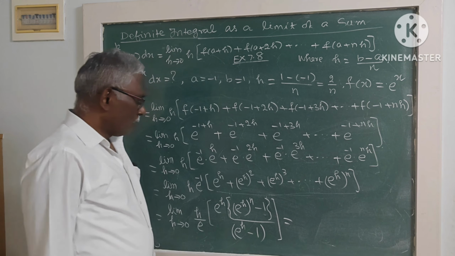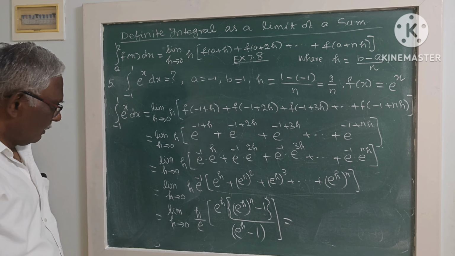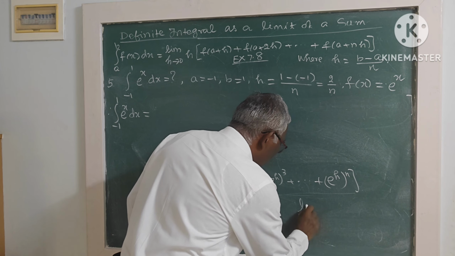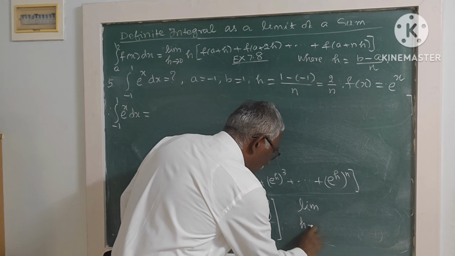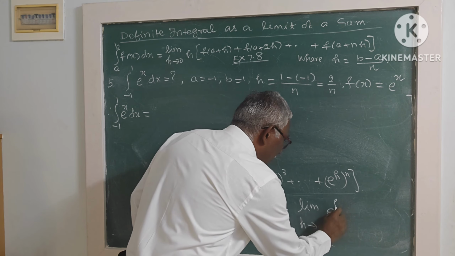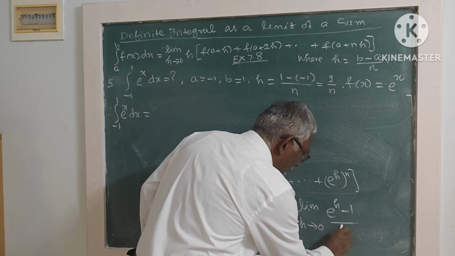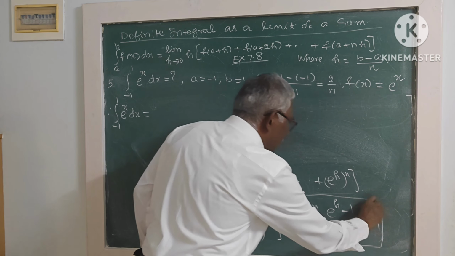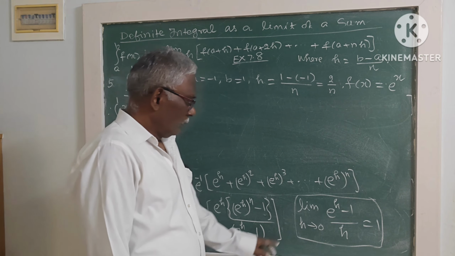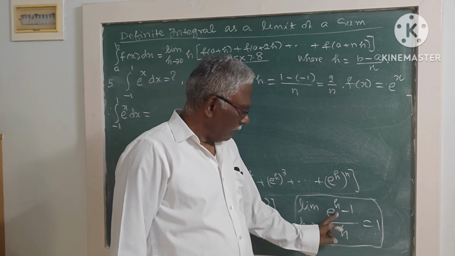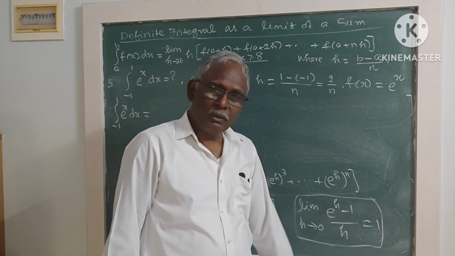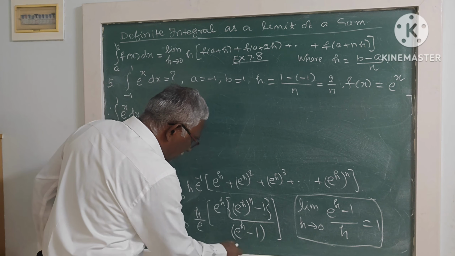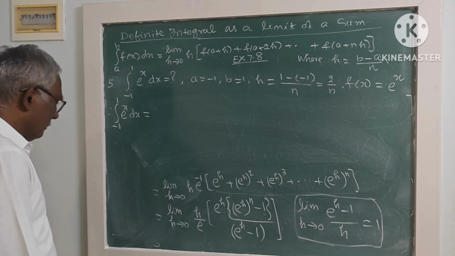nh value is 2. So we know limit h tends to 0, e power h minus 1 by h is equal to 1. So we will e power h minus 1, this h will bring it down, so that will become 1.